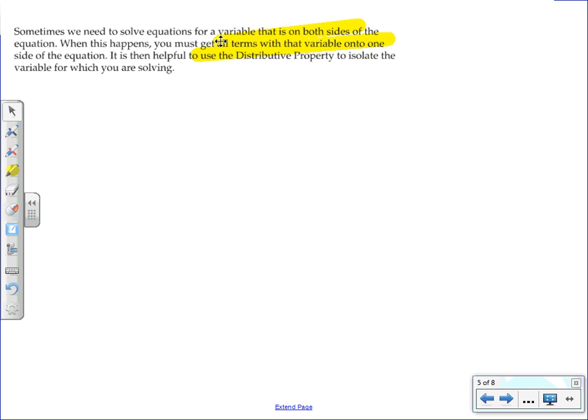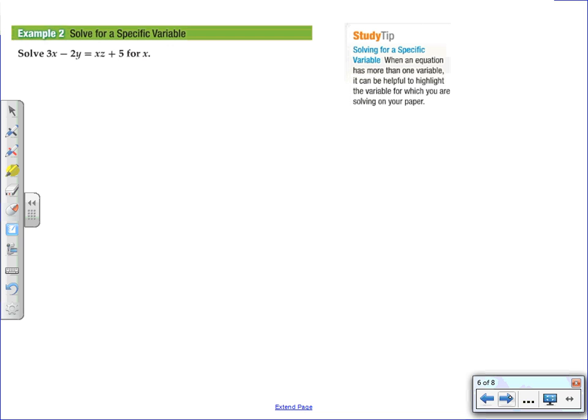So let's look at an example of how that might work. Here's what our study tip tells us: when an equation has more than one variable, it can be helpful to highlight the variable. Well, we've been doing that.